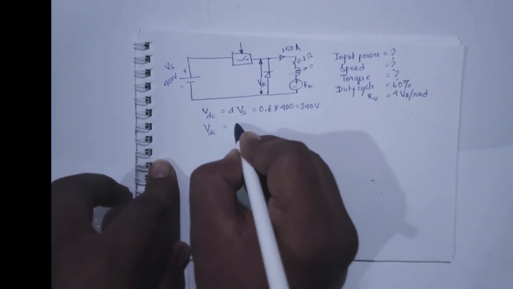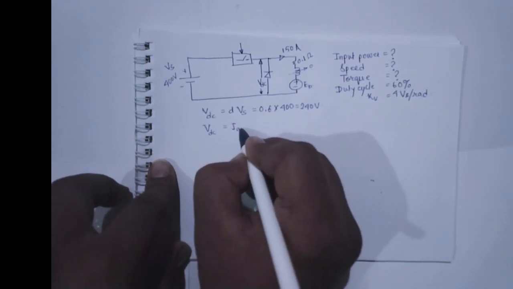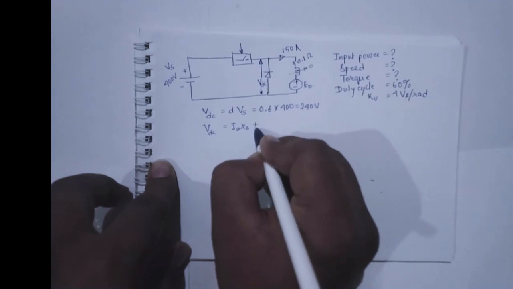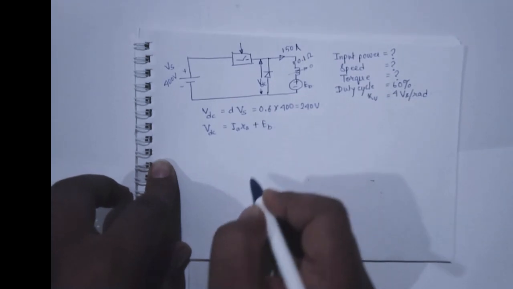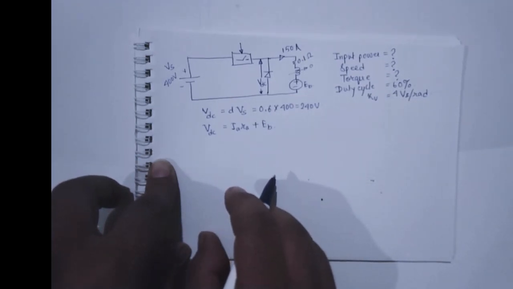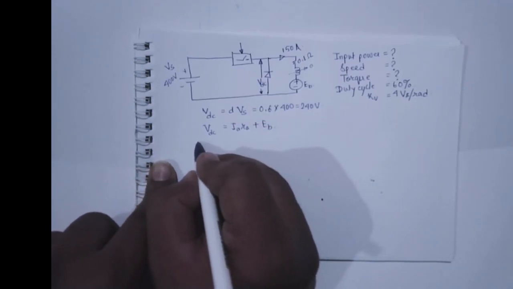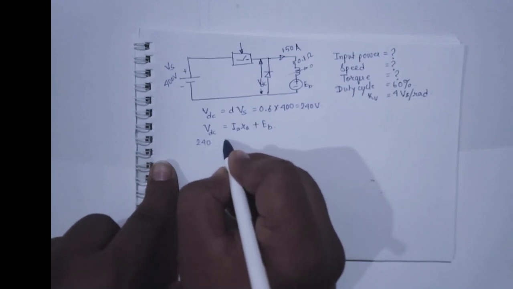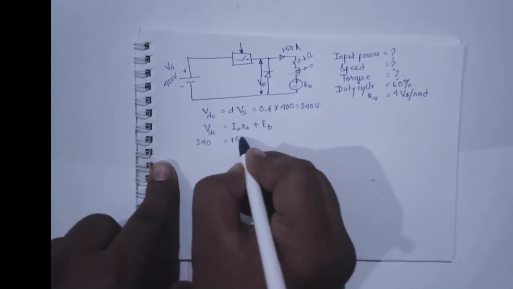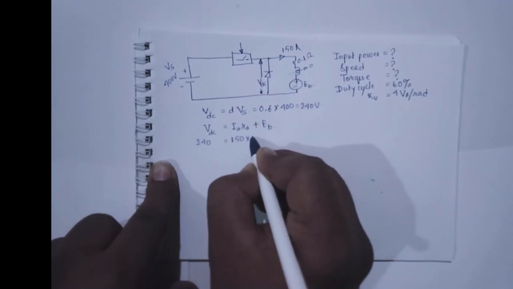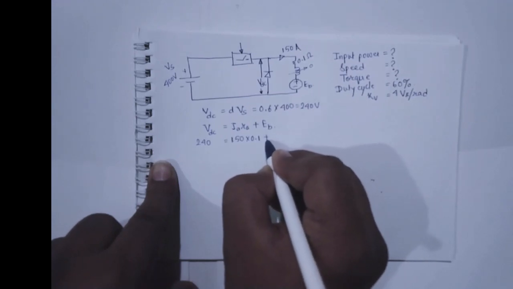Now this 240 volt VDC is divided into IA RA plus EB. So 240 equals IA is 150, RA is 0.1, plus EB.